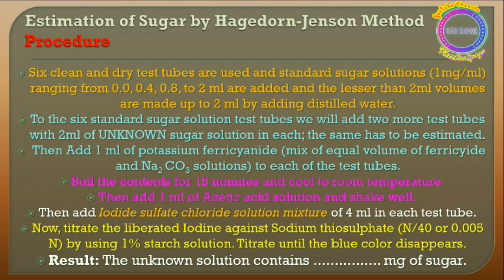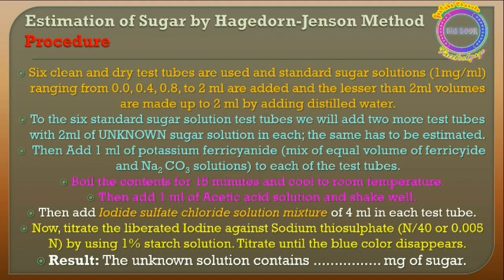So with a difference of 0.4 ml, we increase the volume in the test tubes up to 2 ml. Whatever is less than 2 ml, we add distilled water to make it up to 2 ml. So the blank gets 2 ml of water, the next test tube gets 1.6 ml, the next 1.2 ml, the next 0.8 ml, and we add whatever the rest is.